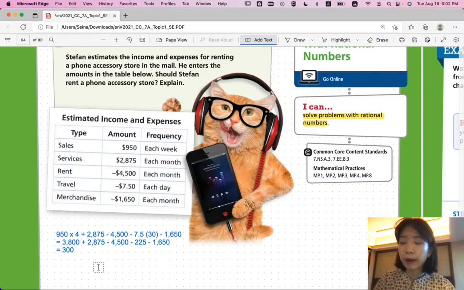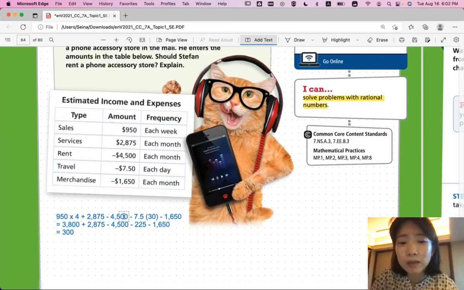Okay, so you can also say no if you think $300 is not enough for a month. It's not worth the work and time that you need to go through.